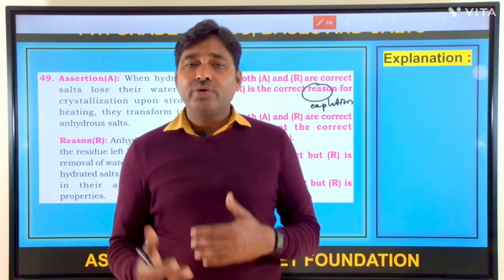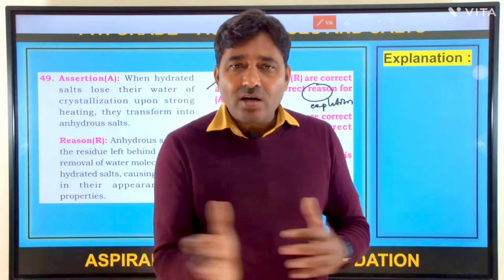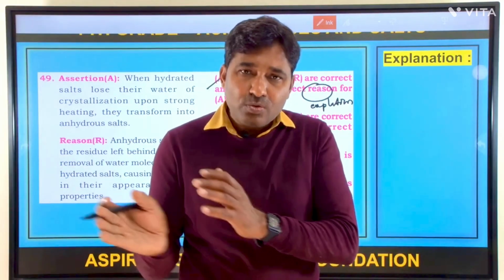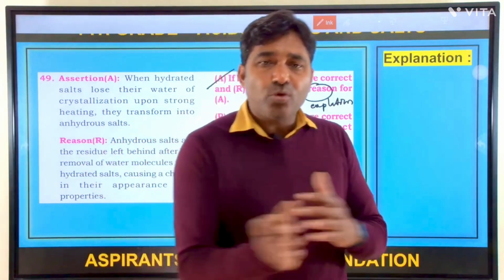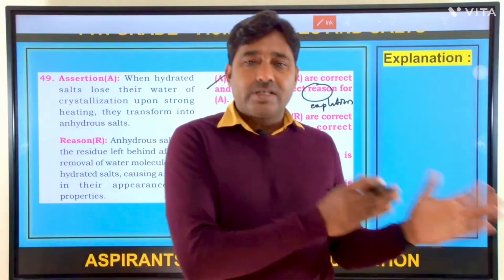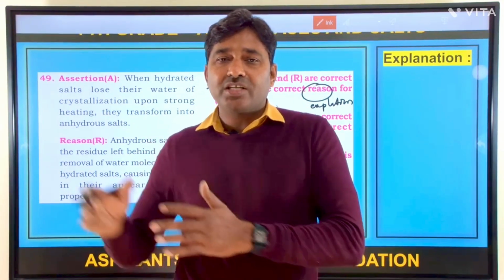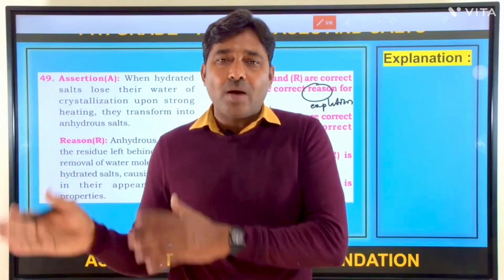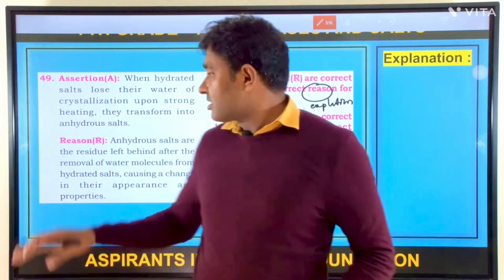When we heat these hydrated salts, they lose those water molecules. That means the water of crystallization is removed, and that process is called removal of water of crystallization. By removing the water molecules associated with the salt molecules, the color, appearance and properties of the salt are changed. So that is given as the reason.